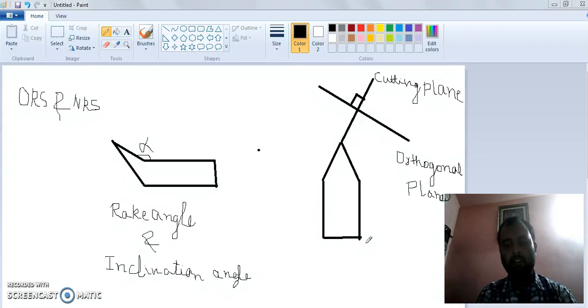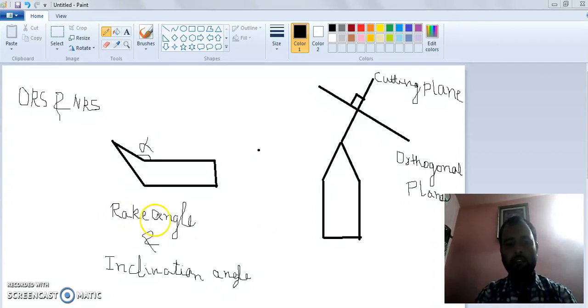The second important topic I want to discuss is the inclination angle, because if you see the video, you will not be able to differentiate between the rake angle and the inclination angle, since they seem very related and appear to be the same.